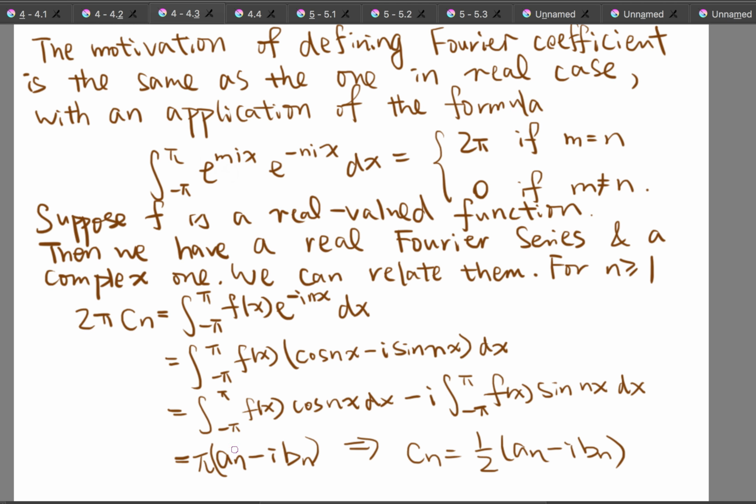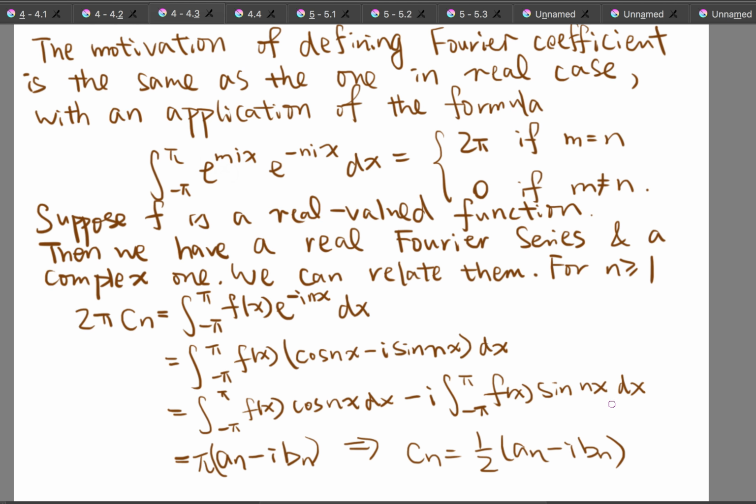Well, observe something. The left hand side here is equal to pi times a_n, where a_n is the coefficient of cosine nx in the real Fourier series.